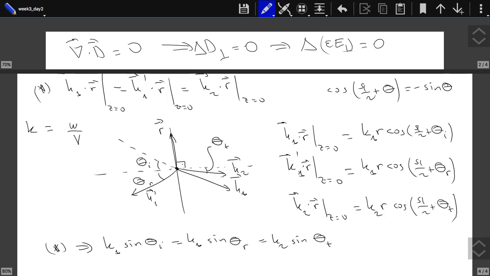So K1 and K1 prime, they are both in the same medium. So they both correspond to the same velocity, the same speed. So V is the same for K1 and K1 prime. Well, omega is the same for all of them. So K1 and K1 prime should have the same magnitude, or the same wavelength, since they are in the same medium.